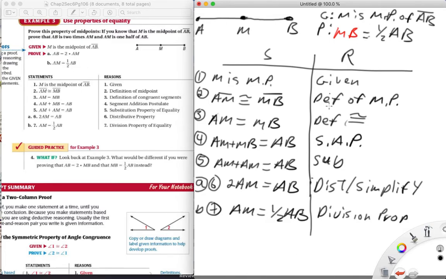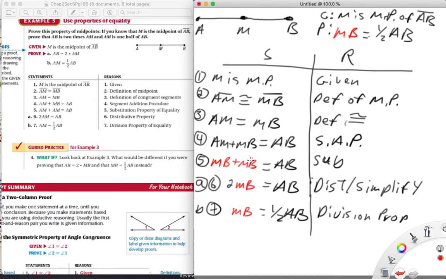Well, these rules are exactly the same. The only thing that changes is this part right here. Instead of saying AM plus AM equals AB, I now have MB plus MB equals AB, because I'm trying to solve for MB. So then anything with AM in it turns into MB, and this turns into MB as well.